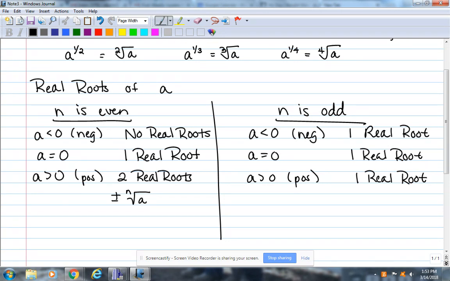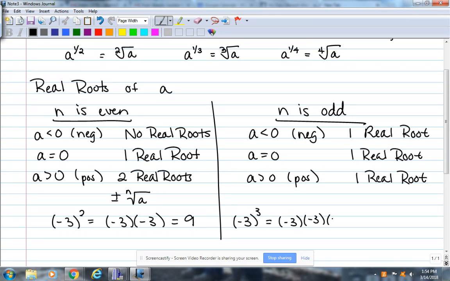Let's talk about why that is for a second. If I say negative 3 squared, that means negative 3 times negative 3 equals positive 9. Let's say negative 3 to the third power, though. That means negative 3 times negative 3 times negative 3, which is a what?